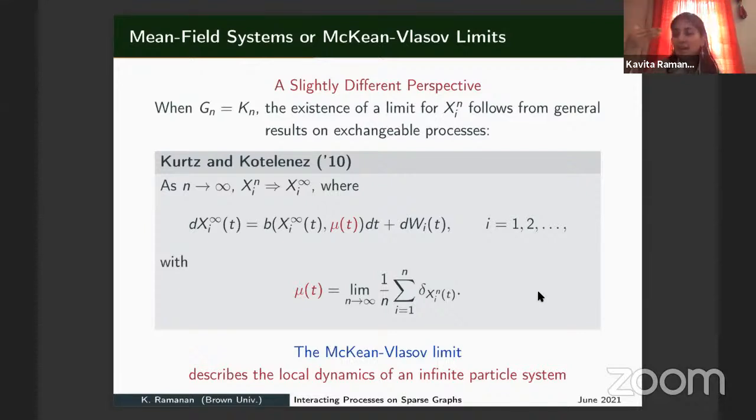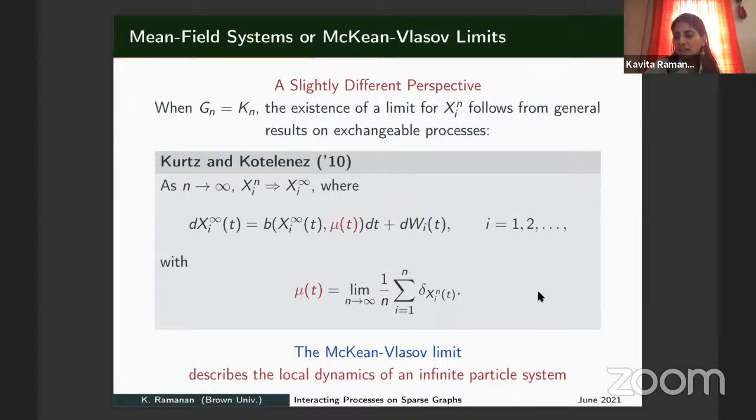But now going back to the propagation of chaos perspective, we might not always have complete graphs. You might not always have interactions that are fully interacting. Maybe you are just connected to, or influenced in a local way by, a subset of your neighbors. Then what happens?